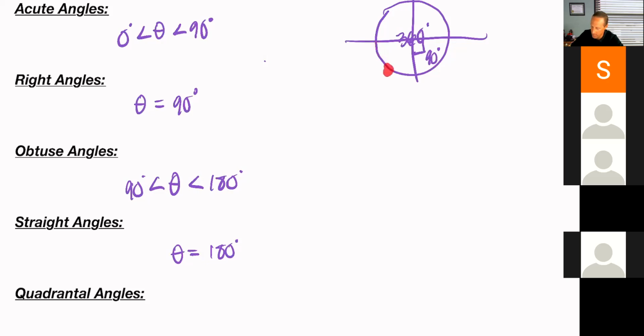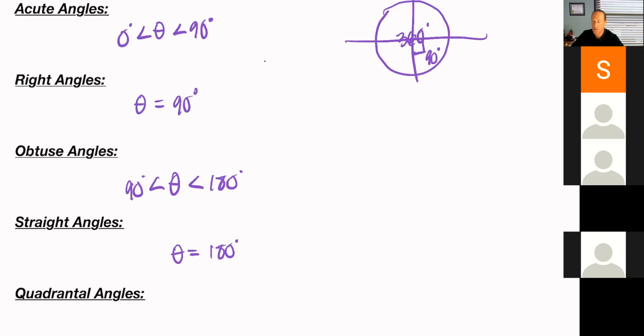Because if I wanted to get to this point right here, instead of going all the way around, I could get there faster by just going the other direction, the negative direction. So that's why we stop at 180, because that is the exact reverse of the way that we're facing. And so anything over here, I'll go positive to get there. Anything down here, I'll go negative to get there, rather than having to go all the way around to get to that same point.